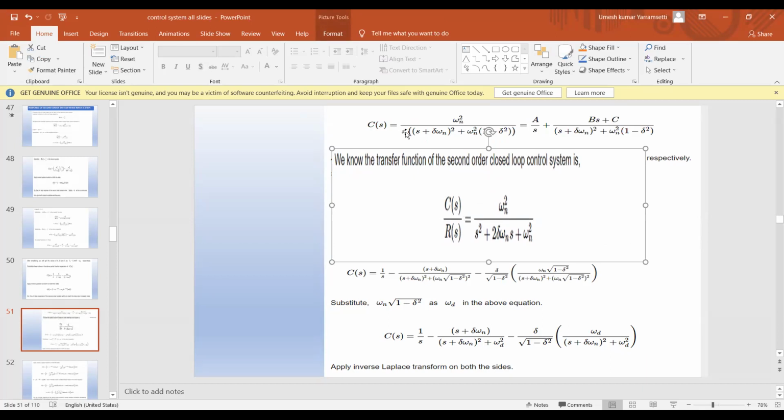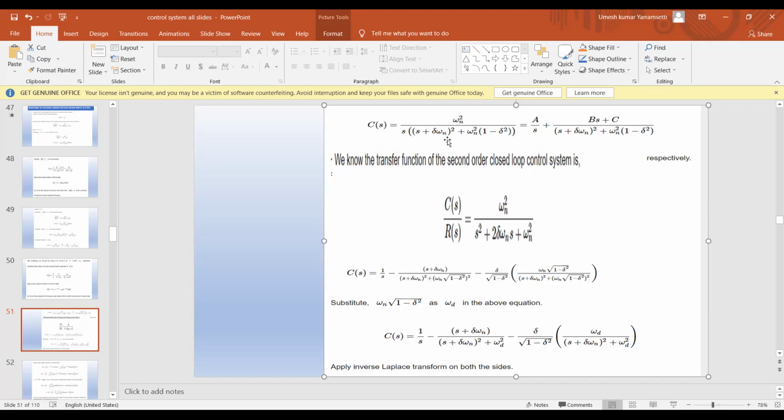This 1 by S results from R of S multiplied over here. We expressed the denominator as a perfect square, adding delta square omega n square and subtracting delta square omega n square. This is the resulting equation we obtained after manipulating.